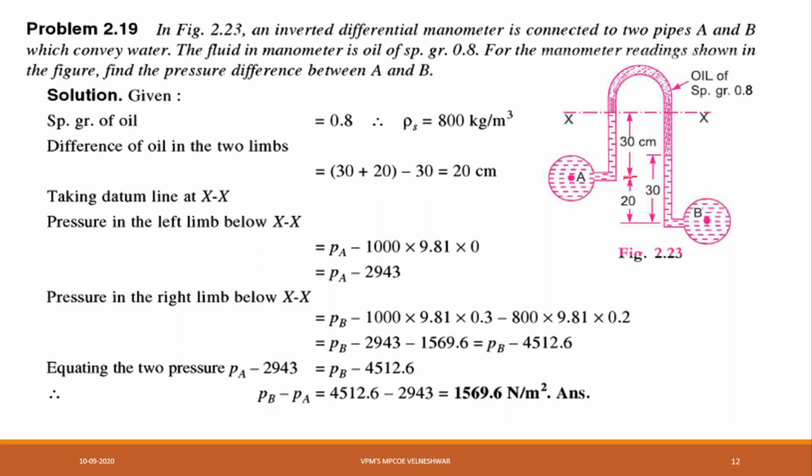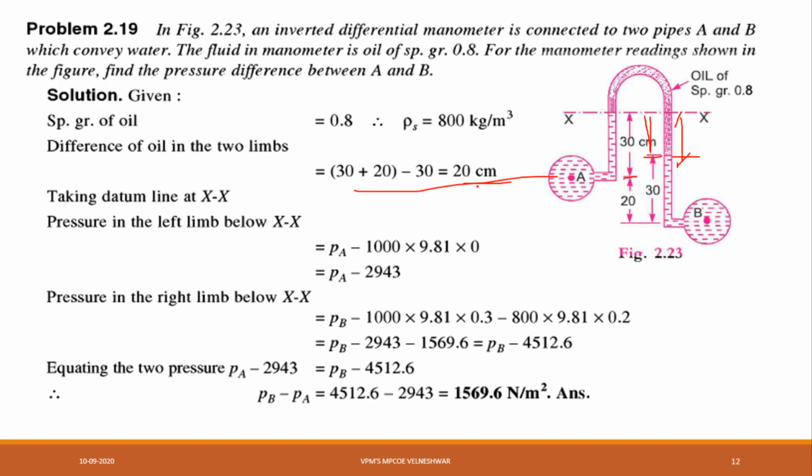The overall height is 50, and if I make 50 minus 30, how much? 20 centimeters. So this height is 20 centimeter. To find this, I have done this step. The difference of oil I am finding: 30 plus 20, that is 50, minus the height already there, that is 30, which is equal to 20 centimeter.